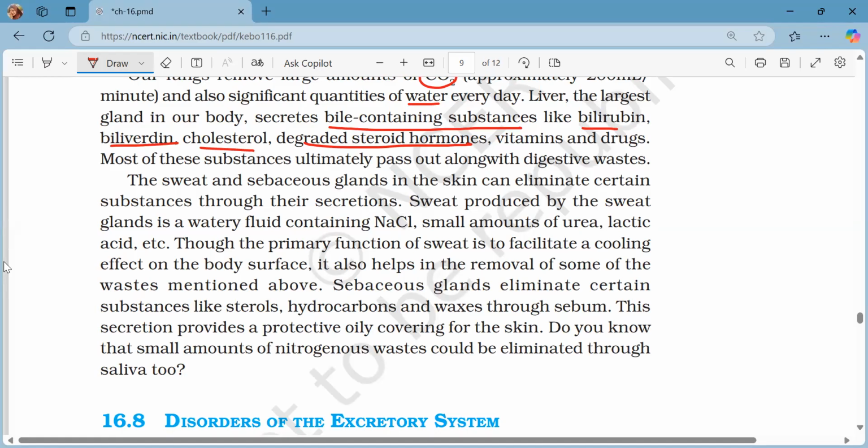Apart from that, it also removes urea and lactic acid from our body. The sebaceous glands are the oil glands of our body. They eliminate certain substances like sterols, hydrocarbons, and waxes through the sebum that is produced. It also provides a protective oily covering for the skin. So the oil glands are the sebaceous glands.